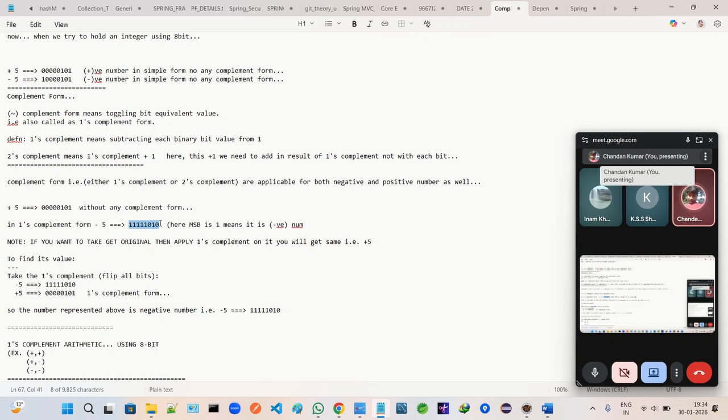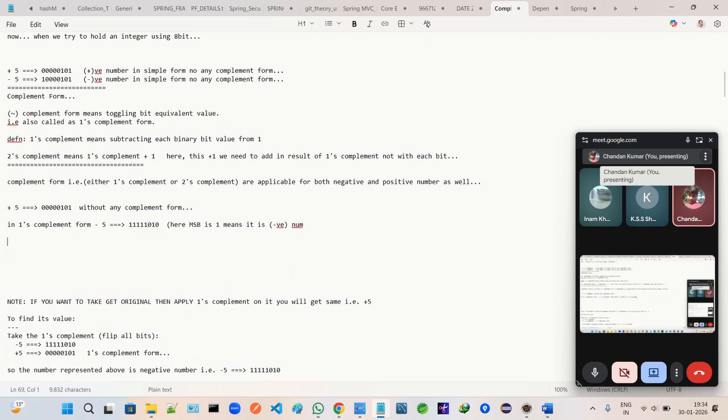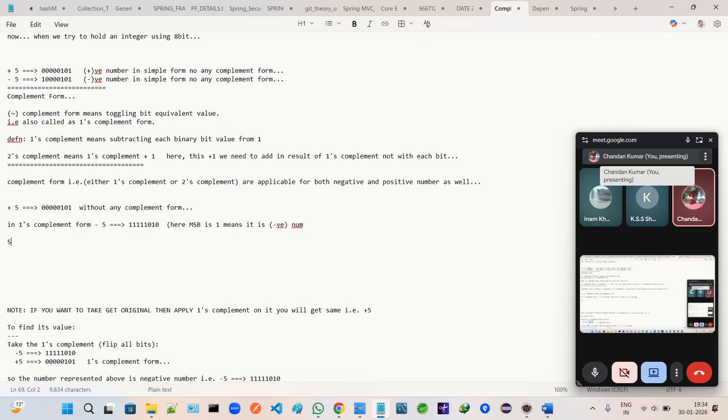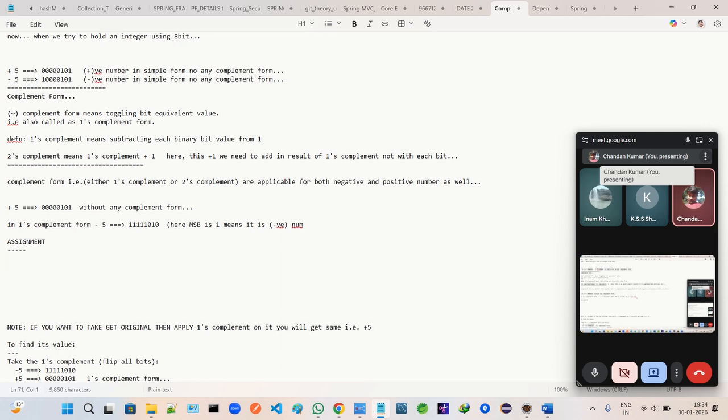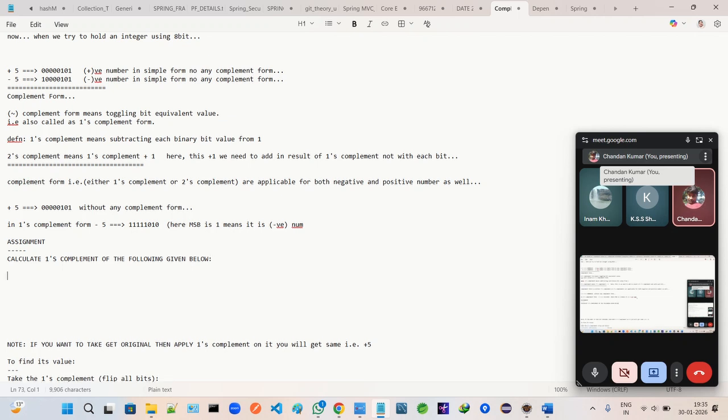Correct. Now next, your assignment. Calculate the one's complement of the following given below: A, 7.